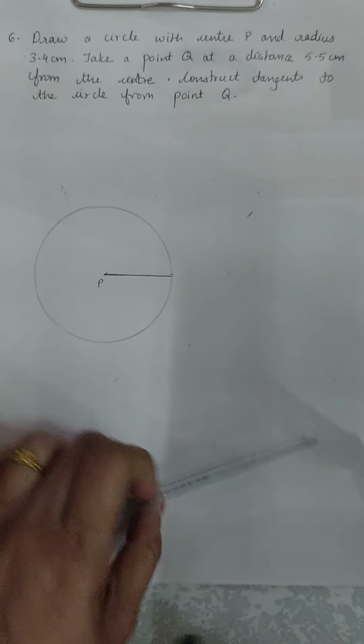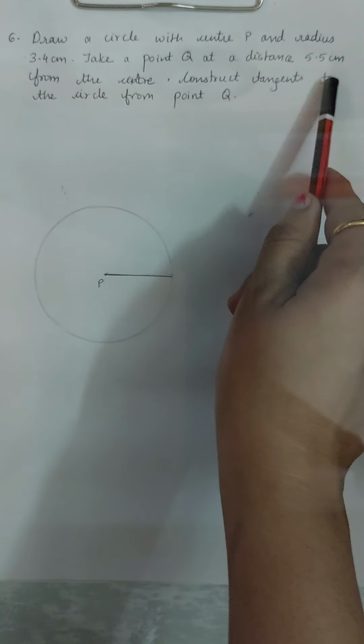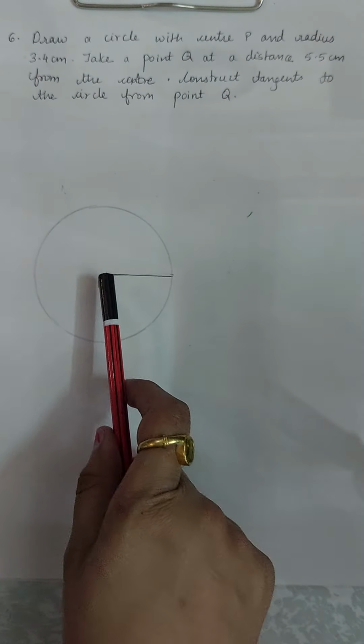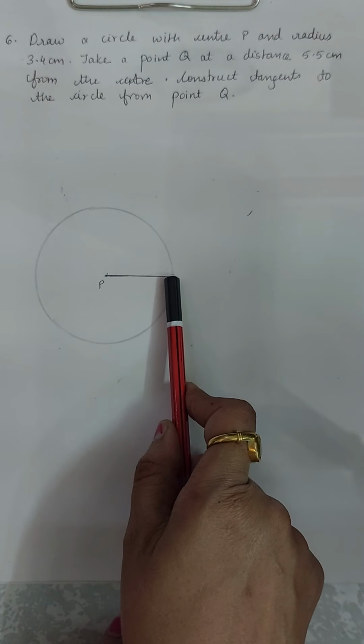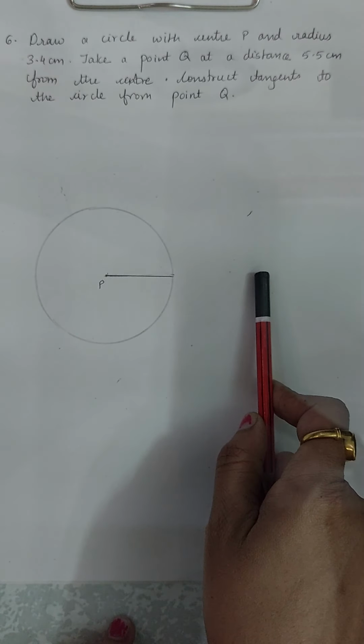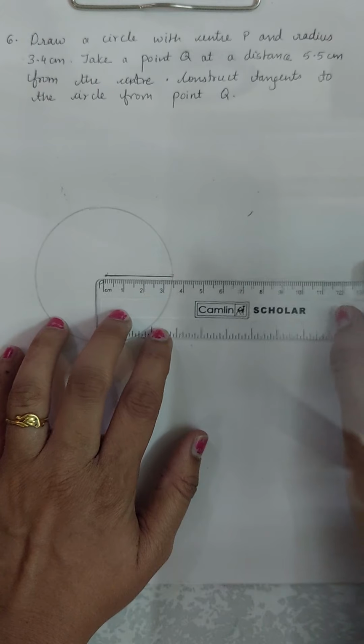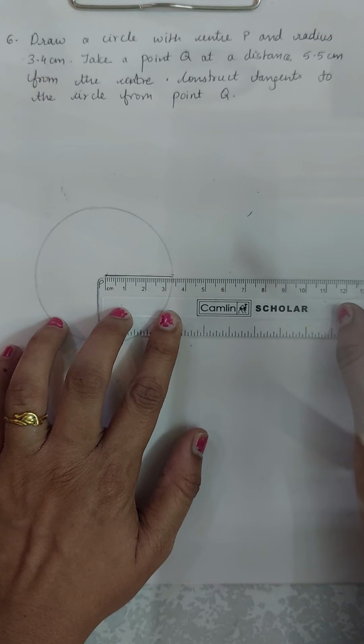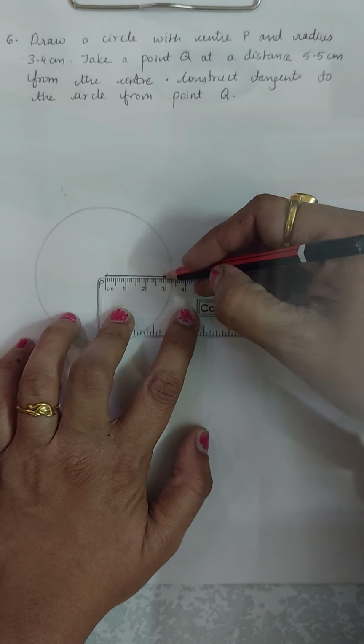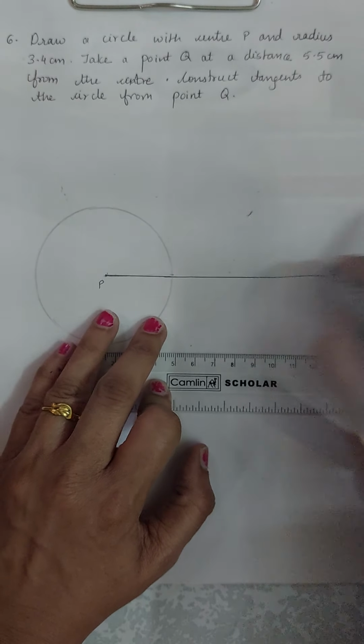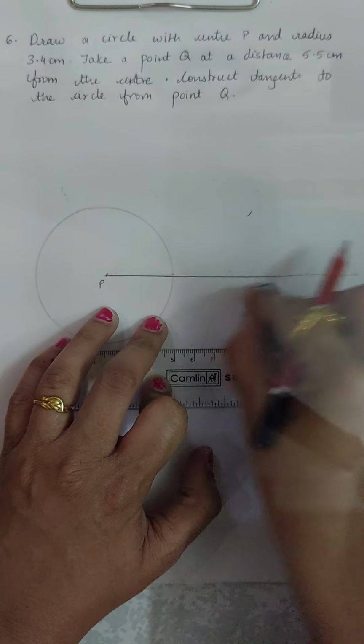Then take point Q at a distance 5.5 from the center. So from here it is 3.4, which means 5.5 will go somewhere outside. So what we are going to do is extend this line further.